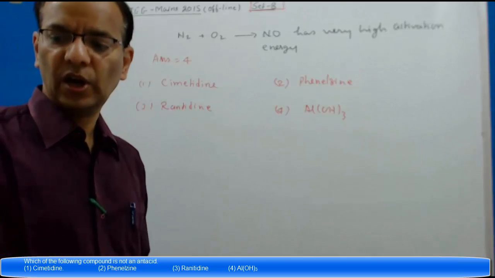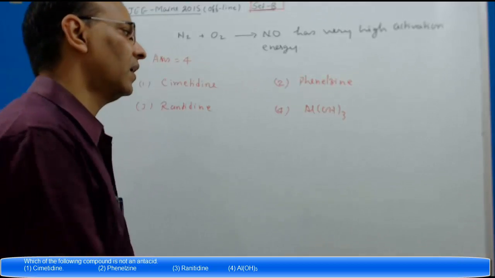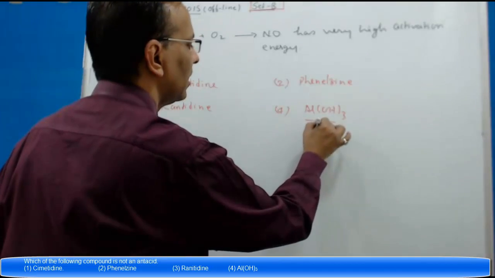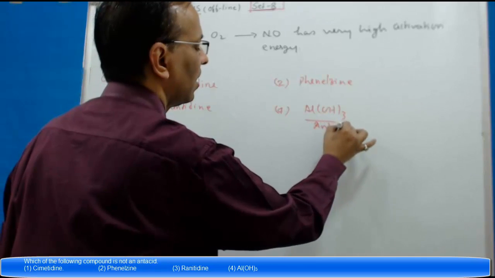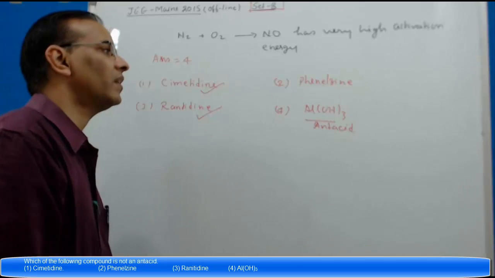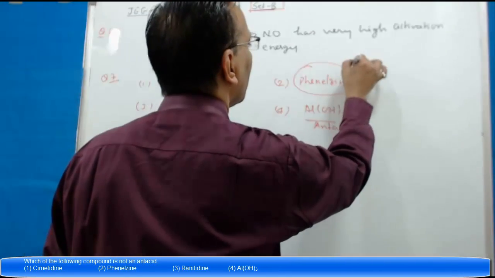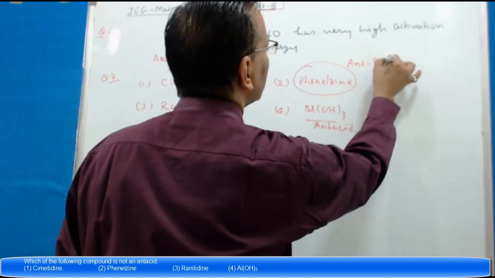An antacid reduces acidity and neutralizes acid, so it must be basic. So this is an antacid. These two are also basic, they are also antacids. This one is an antidepressant.